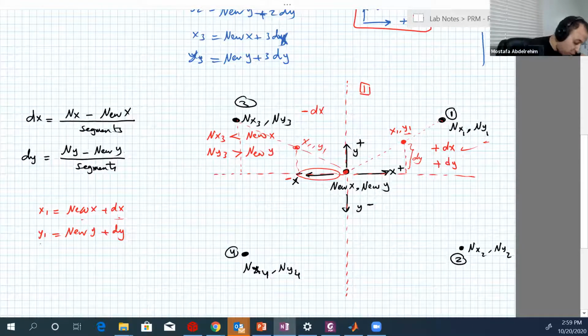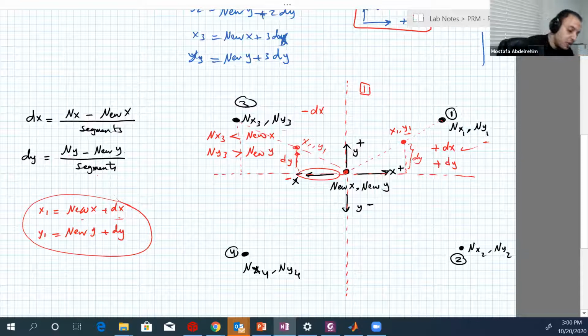How about y1? y1 is equal to new y plus something, because I'm going upward, so it should be positive. dy is equal to ny3 minus new y over segments, and it's above new y, in the direction of the increment of y. So ny is larger than new y, so this will be positive. So till this moment, we can use these two equations with this quarter and also this quarter without any change.